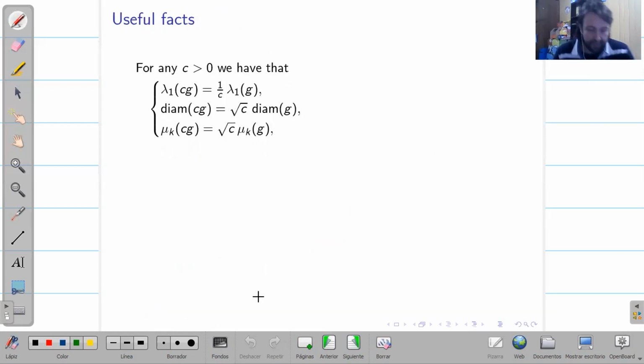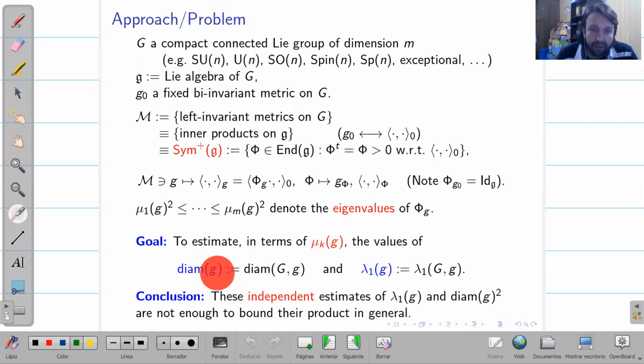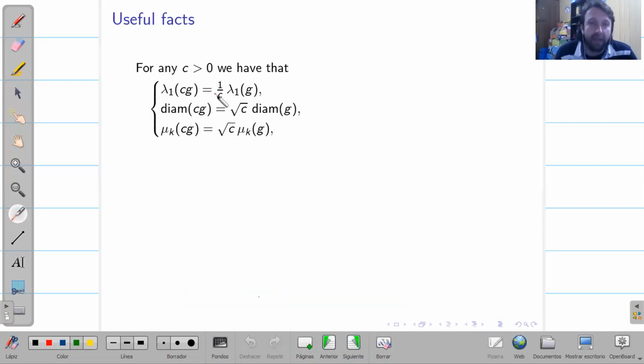Some useful facts before giving a more detailed goal. This is quite well known, for every positive real number. By the way, let me abbreviate: the group G is going to be fixed, so let me denote the diameter of G to abbreviate this and also this. So for every positive scalar, we have these.